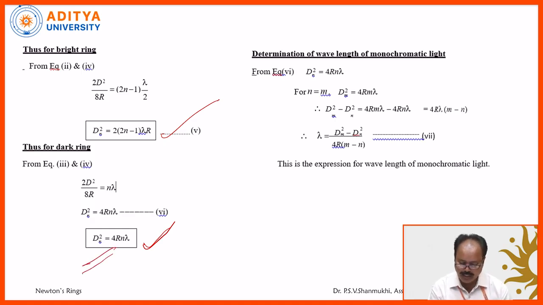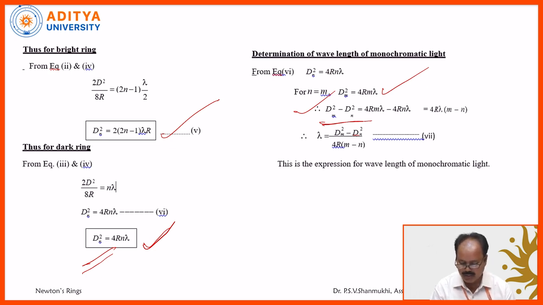Similarly, if we take the mth ring diameter, we get dm square. Suppose I want to take dm square minus dn square, where dm is the diameter of the mth dark ring and dn is the diameter of the nth dark ring.